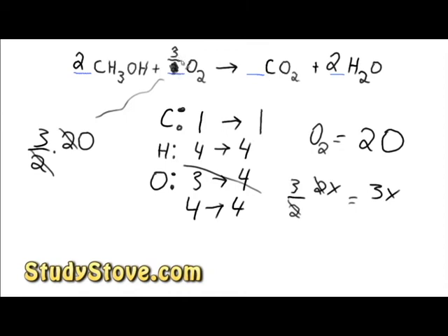That's equal to 3 now. And then 2 times 2 becomes 4. That's kind of messy, but I think you can see what it is. So that would be the final answer. It would be 2 CH3OH plus 3 O2 goes to 2 CO2 and 4 H2O. And that is the final answer for that problem.